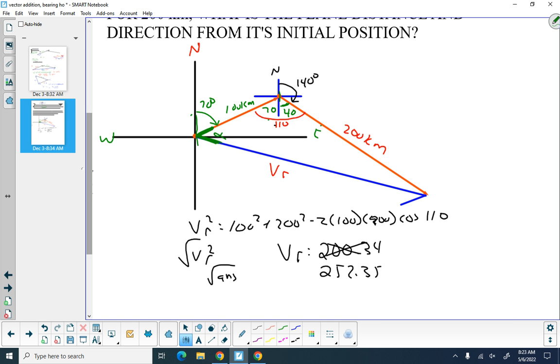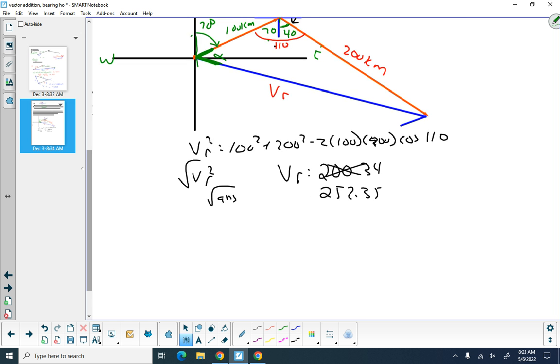So here's my alpha value. I already have 110 degrees here, so I don't have to worry about the supplement to that. So I can set up my law of sines, sine of alpha over 200, equals sine of 110 over 252.35. This is kilometers.